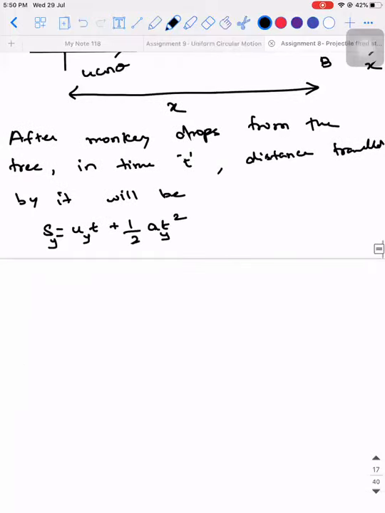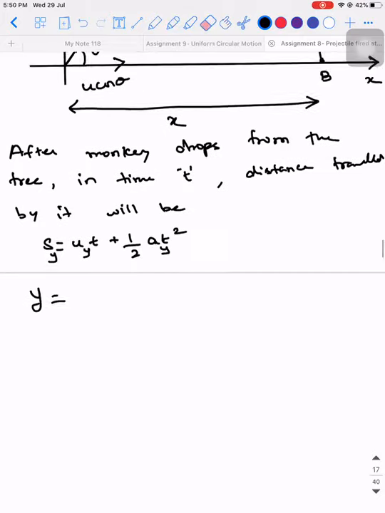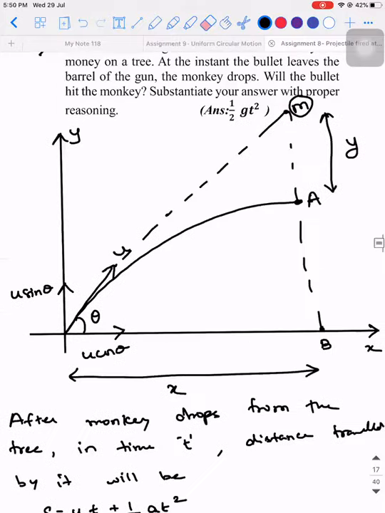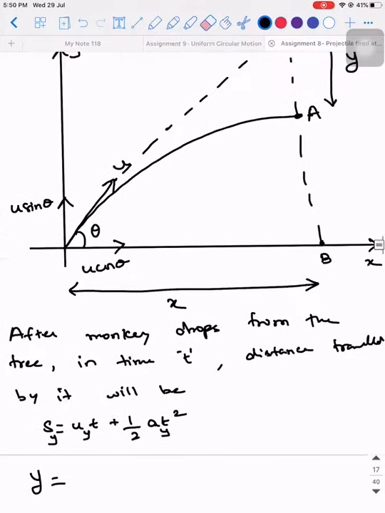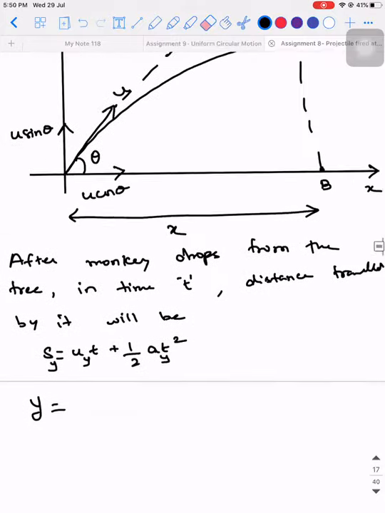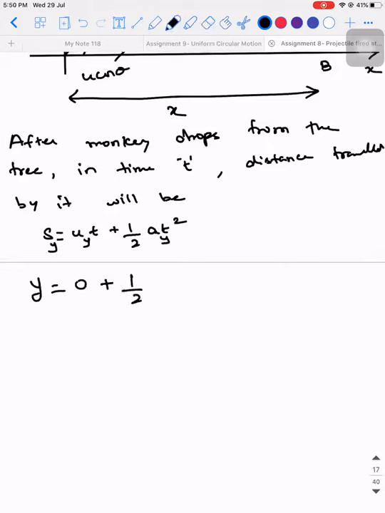So if this distance is y, then y will be equal to uy is how much? With respect to the monkey, what is the velocity with which it's dropping itself? 0. Yes. Plus half into acceleration due to gravity, which is g. I took it as g because in this problem I'm taking everything in the downward direction as positive.